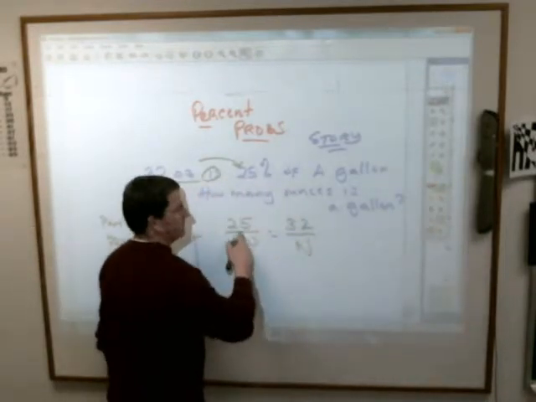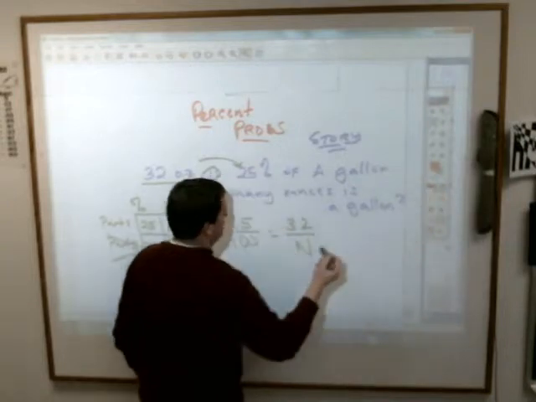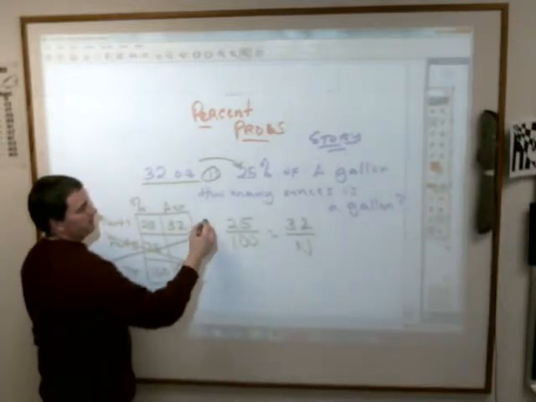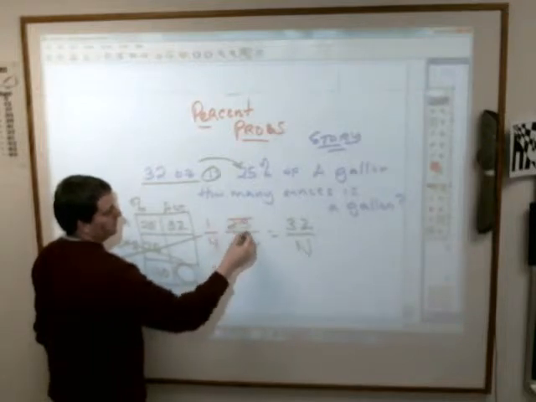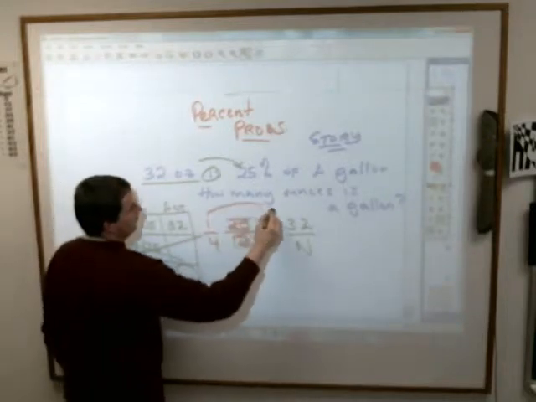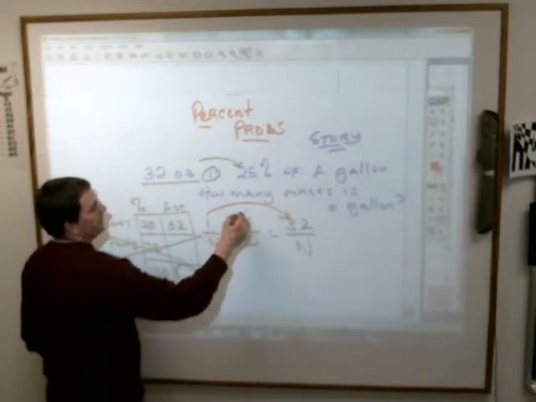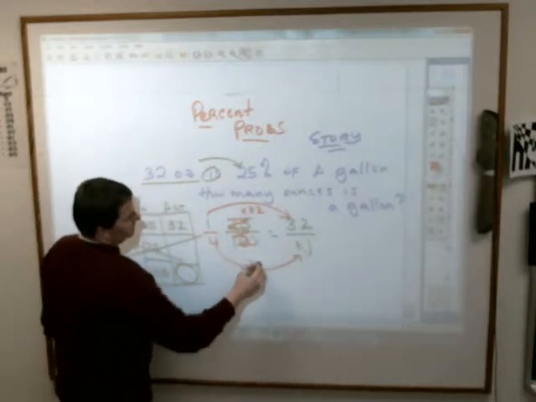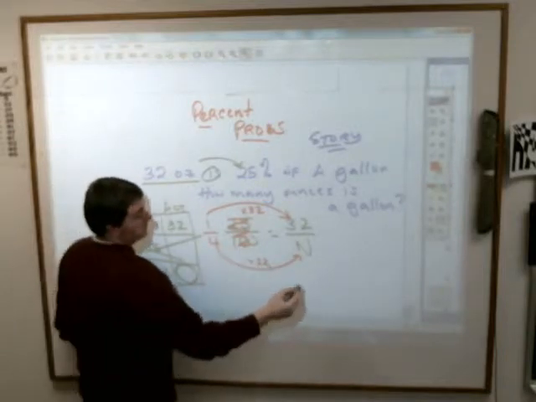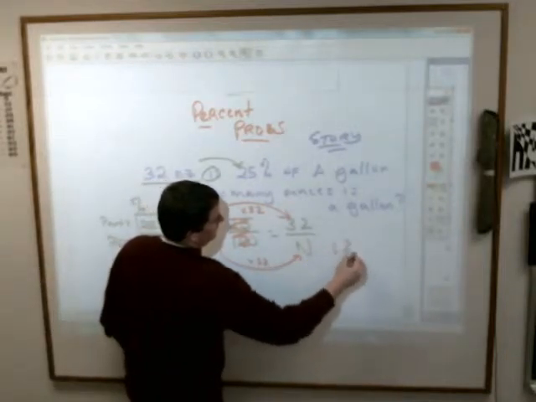Can I reduce this fraction? Yes, I can. 25 over 100 is the same as 1/4. So don't look at this anymore. Think about it as being 1/4. To go from 1 to 32, you multiply by 32. So 4 times what is 32? 4 times 32 is 128.